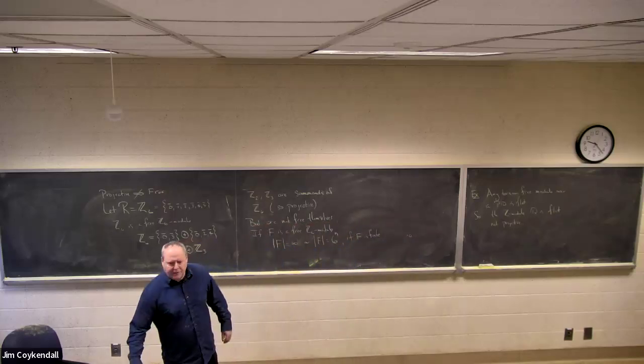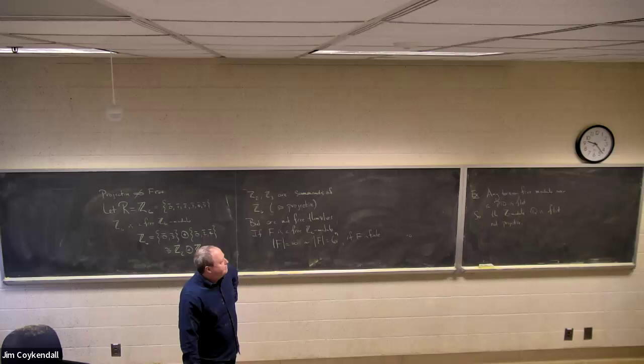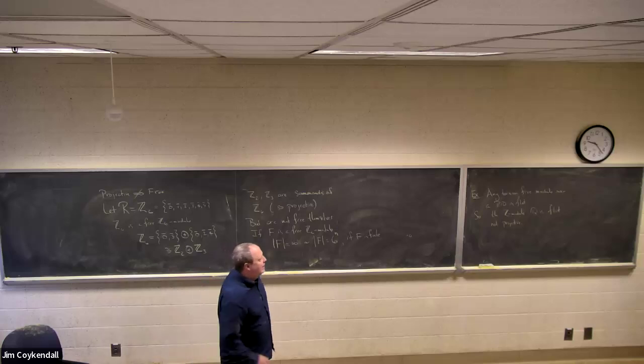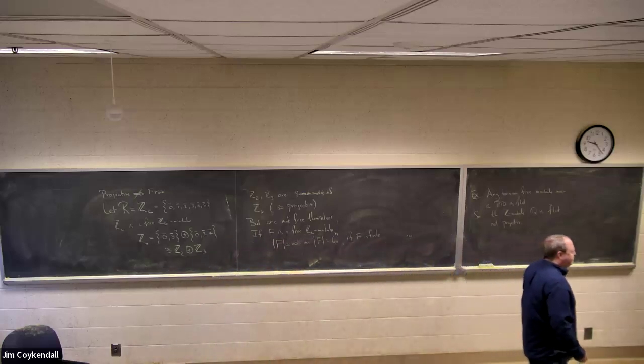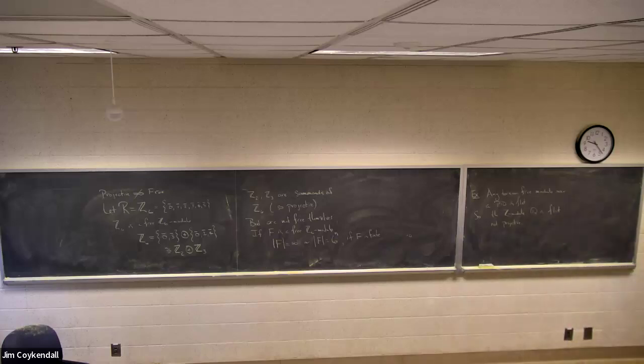By the way, let me ask you a question. Is Q a free Z module? I mean, probably not, since I just claimed it's not projective, but can somebody argue why it's impossible for Q to be free? Right, free is the more restricted property.